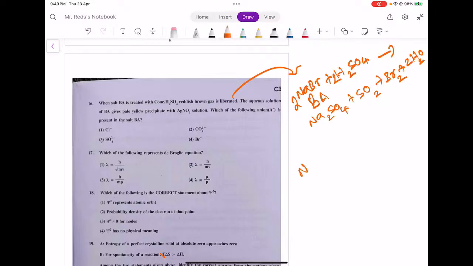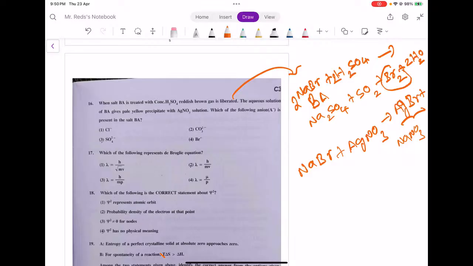That sodium bromide, NaBr, plus AgNO3 gives AgBr plus NaNO3. AgBr is the pale yellowish precipitate.